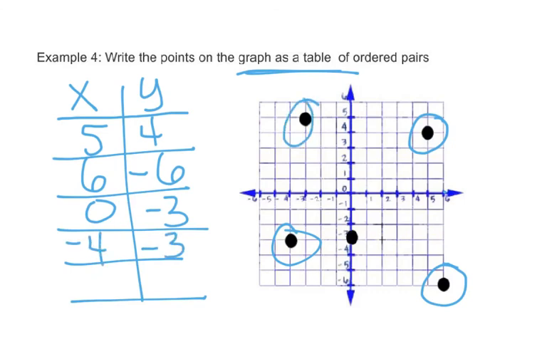And then this one here is at negative 3, 5. So again, you may be asked to do that. So what we're going to be practicing with this lesson is just seeing a relation and being able to take a set or a table or a graph and work with them interchangeably.